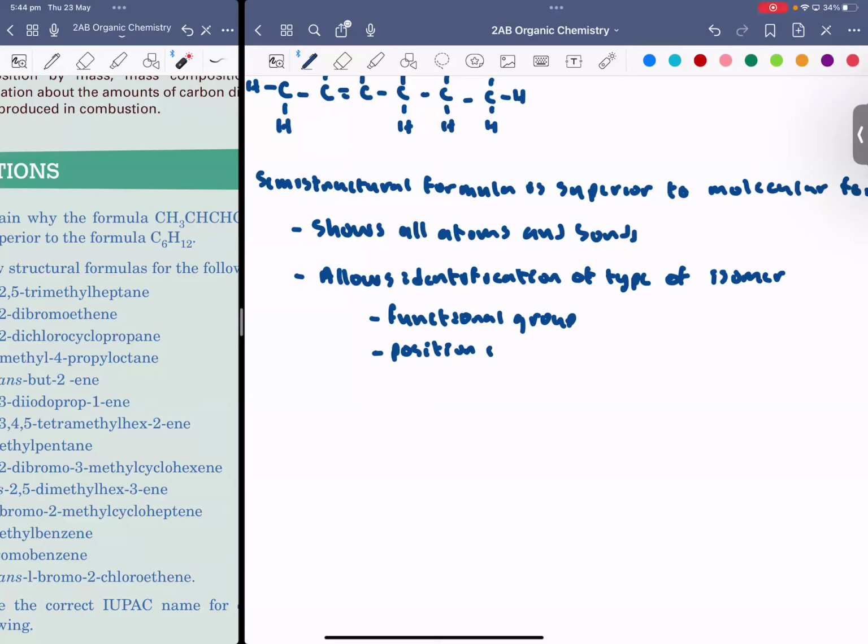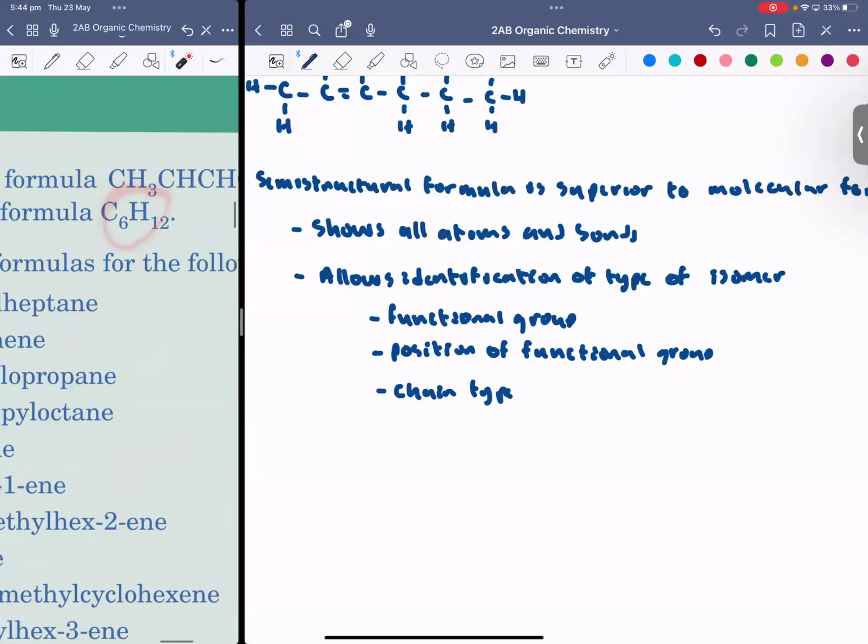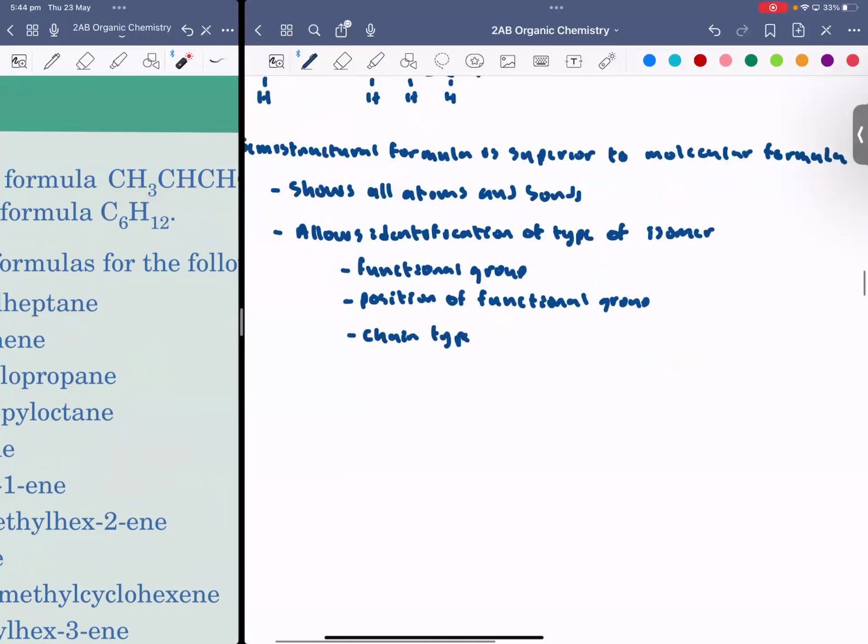So it shows you the functional group present. It shows the position of the functional group, and it shows the chain type, whether it's straight or branched. Okay, chain type. So in this case, guys, C6H12 could have been a whole bunch of things, but what did it specifically tell me? It specifically told me that it was an alkene and not a cycloalkane.